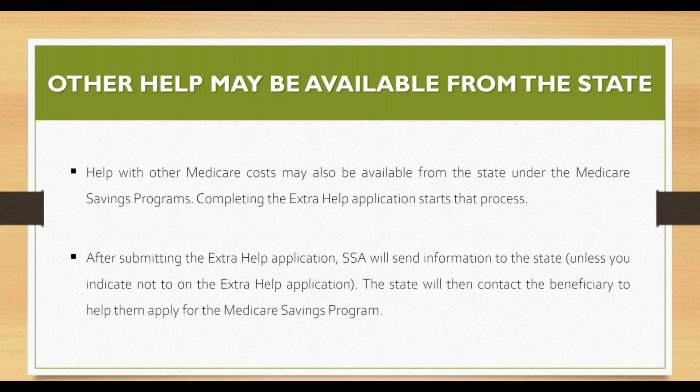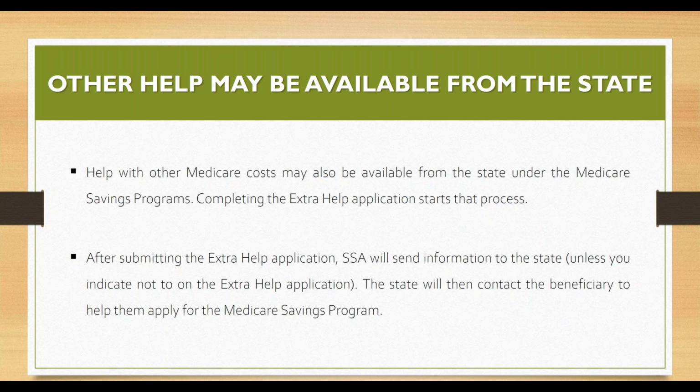Like I said, there are a lot of other programs out there that are available, and I'd always start with the one for extra help because that will get a lot of the process going. Like I told you earlier, submitting the extra help application will also send the information to the state unless you indicate not to.